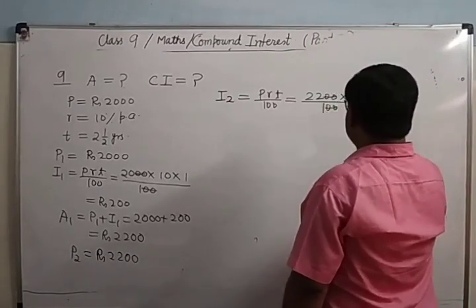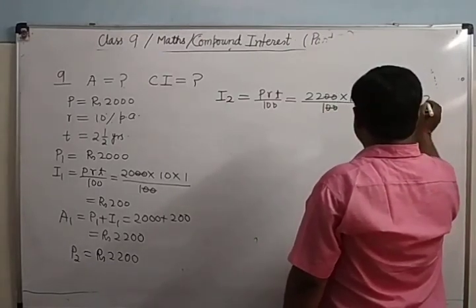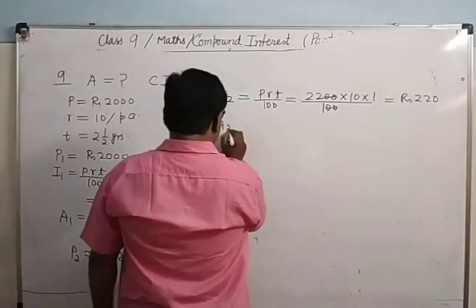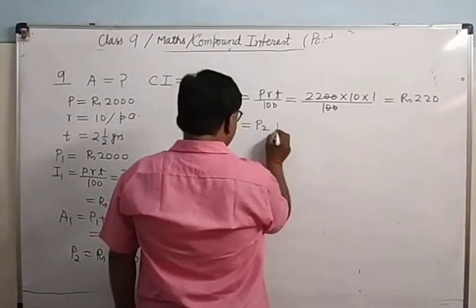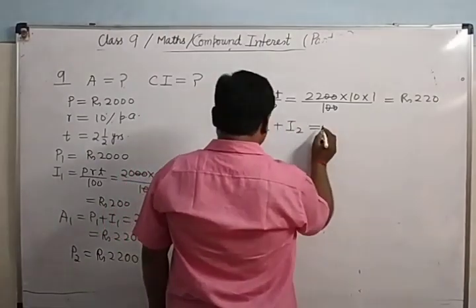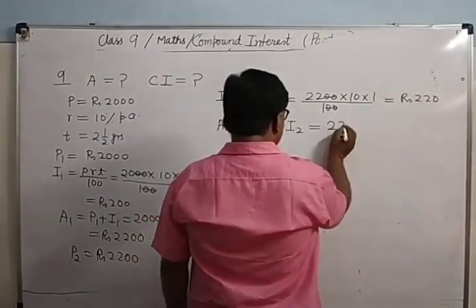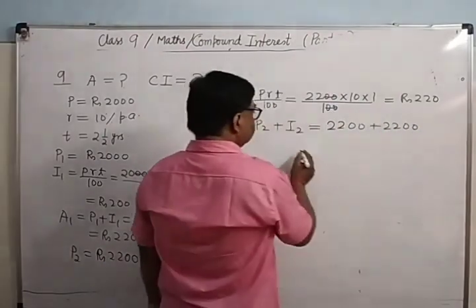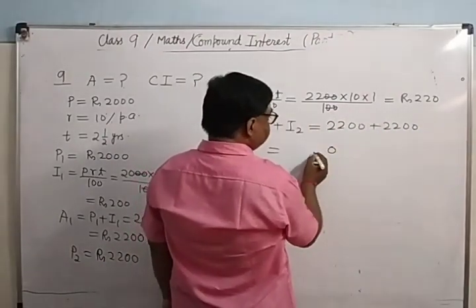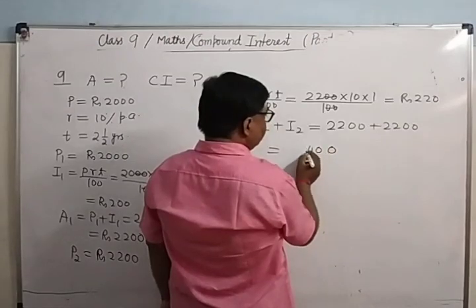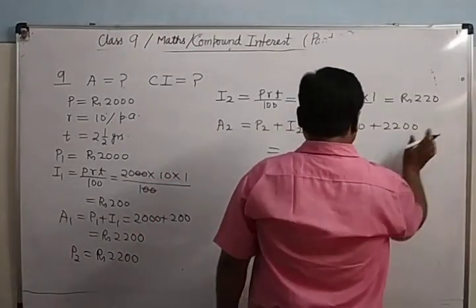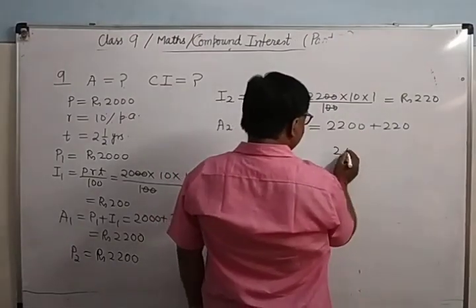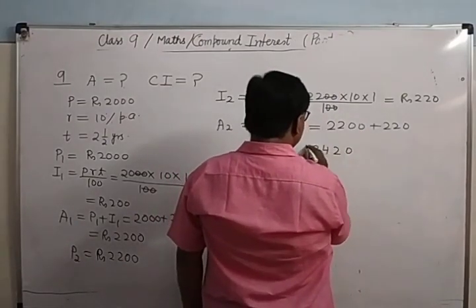So it will be equal to rupees 220. It's clear? So what will be A2? It is the second year's principal plus second year's interest. So 2200 plus 220, which is 2420. It's clear?